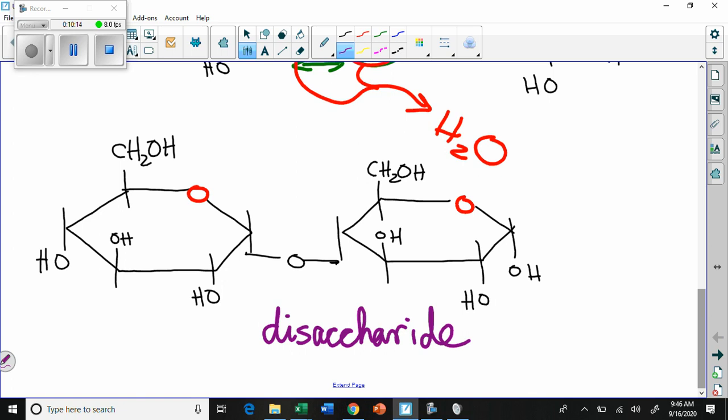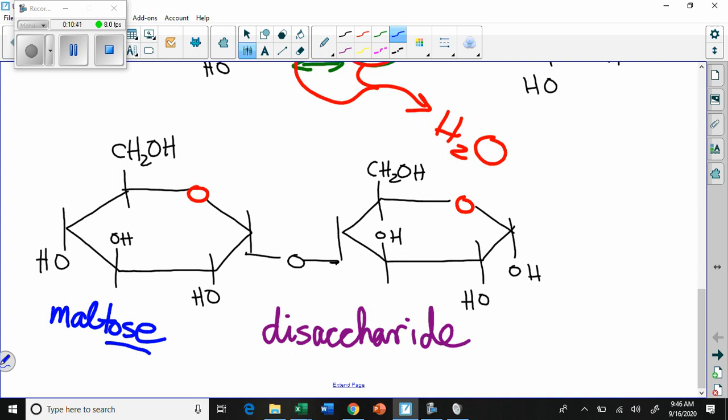If you take two glucoses like this and you stick them together, you get a molecule that has a name. He's called, I'll put him in a different color, he's called maltose, or what we sometimes call malt sugar. Remember, all the sugar molecules have the O's ending. Fructose, glucose, maltose, right? But maltose is an example of a disaccharide.